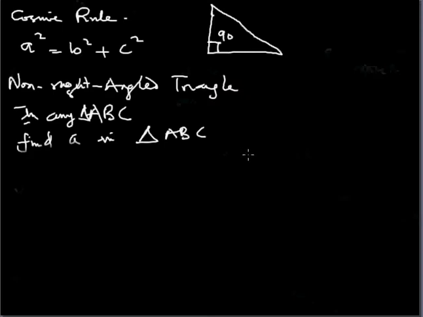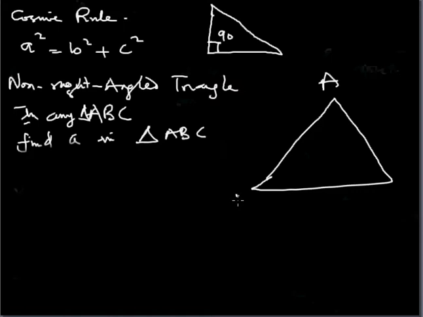Suppose in a triangle ABC, you have side C, side A, and side B, and you have this angle, and you're told to find it by the cosine rule as stated initially.